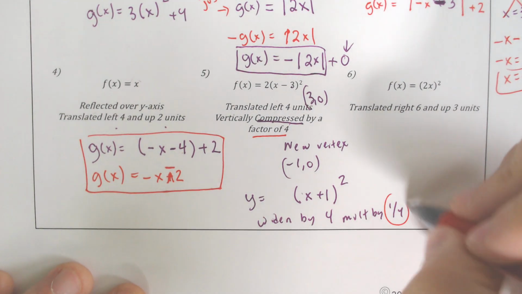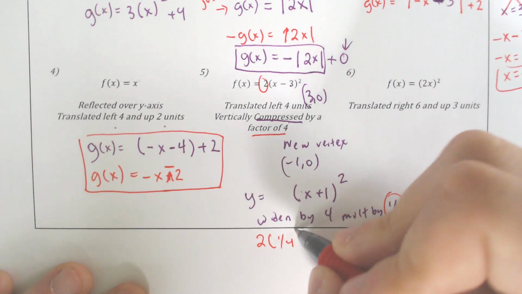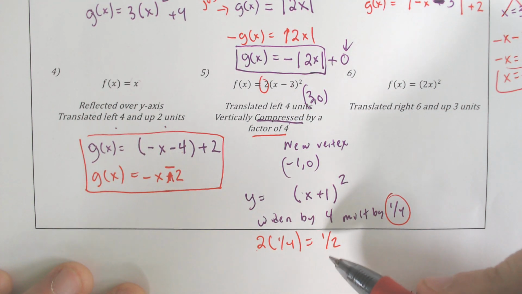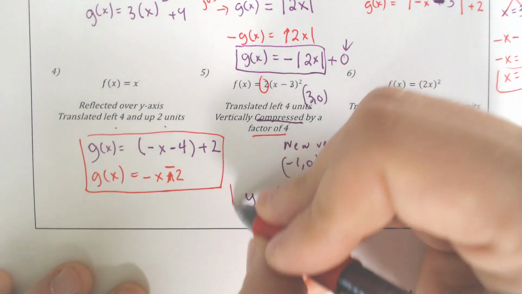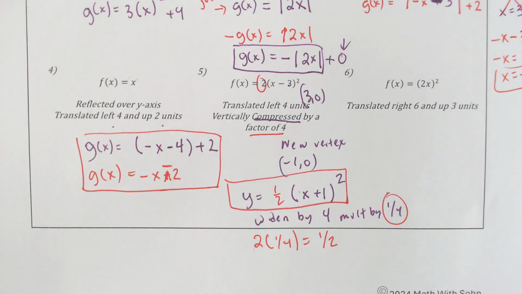So if it's multiplying by 1/4 and there's already a 2 here, 2 times 1/4 ends up being 1/2. We end up with 2 over 4, which is 1/2, which is why I'm going to throw 1/2 in here. You need to be careful with the compression and the stretching because a vertical compression is the same thing as saying a dilation or a stretch horizontally in a way.